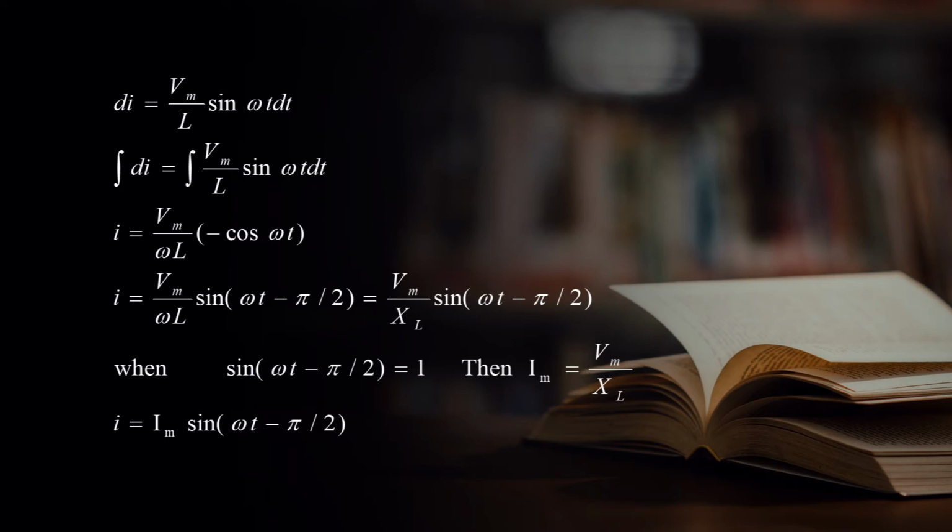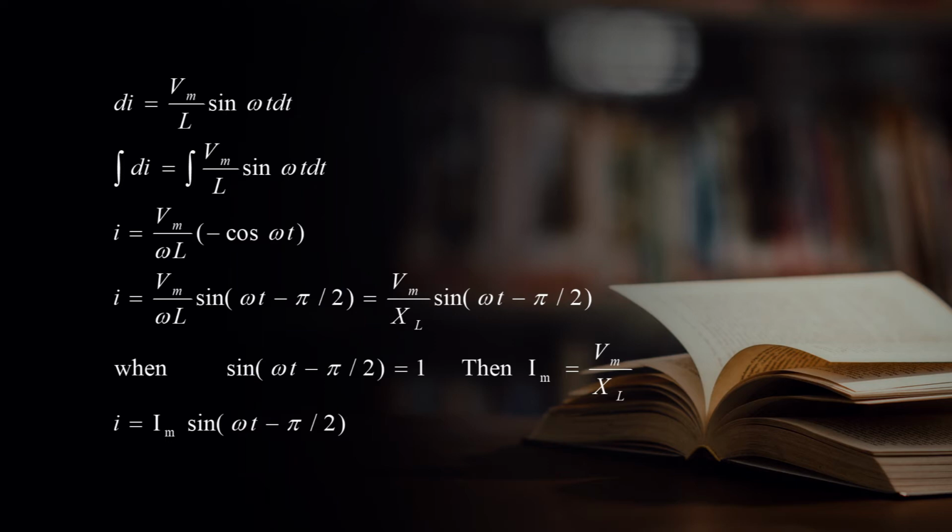This cos omega t can also be written as sin of omega t minus pi by 2 with a minus sign, so minus minus will cancel out. So the current flowing through a pure inductor can be written as I equal to Vm upon omega L sin omega t minus pi by 2. This omega L can be replaced by XL. So the current I can be written as Vm upon XL sin omega t minus pi by 2.